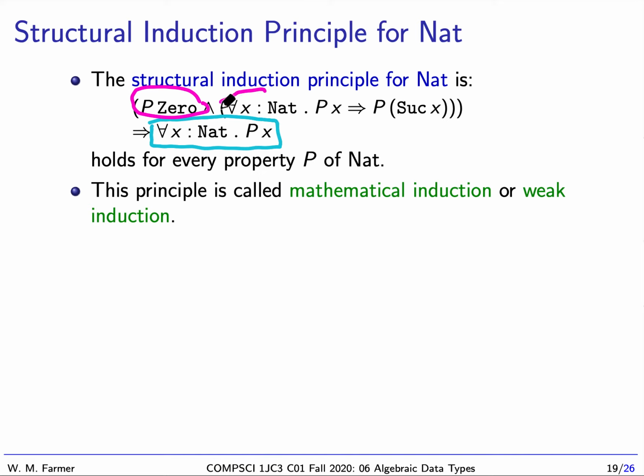And we need to prove this fact. This says whenever the property holds at some nat, it will hold at the successor of that nat. If we prove this and this, then we will know that the property holds for all nats. So this is the structural induction principle for NAT.